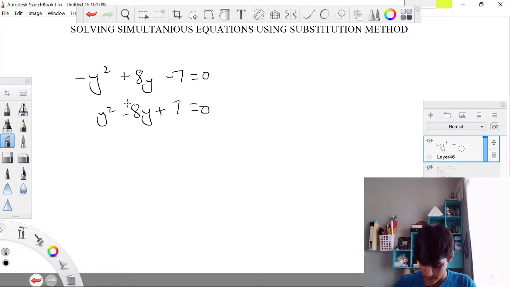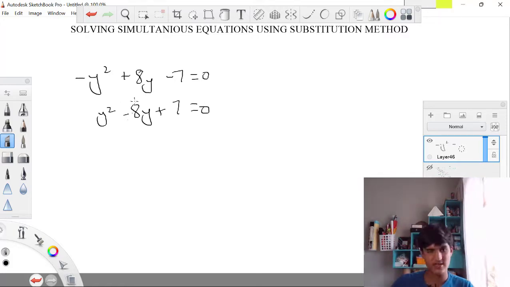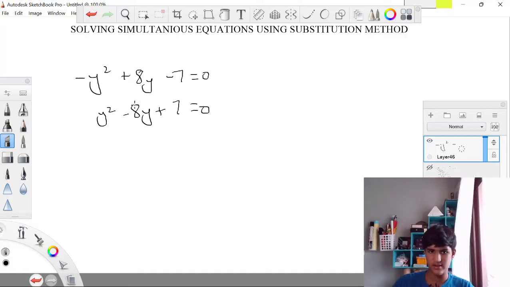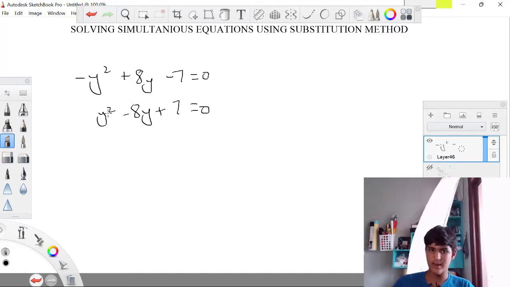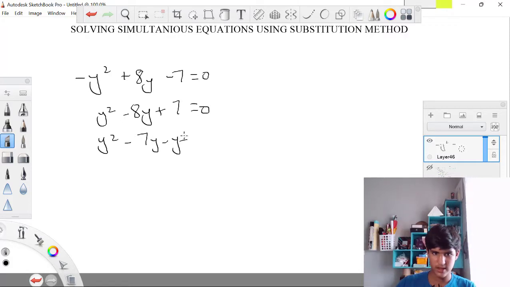I am going to use middle term breaking on this. So I get the answer of minus 7 and minus 1, because minus 7 minus 1 is minus 8 and minus 7 into minus 1 is plus 7. y squared minus 7y minus y plus 7 is equal to 0.